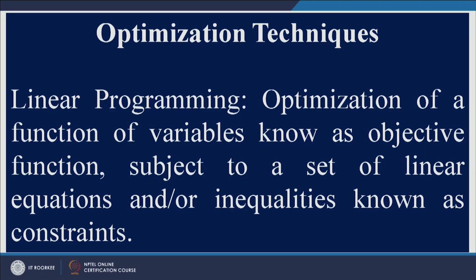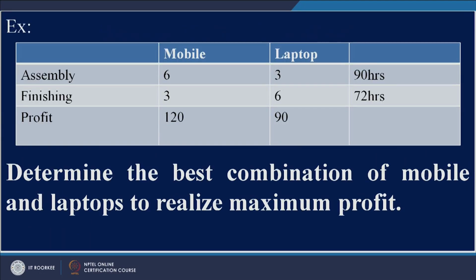I'll take up a very simple example. Let us say your organization is making mobile phones and laptops. The profit you get by selling one mobile phone is 120 rupees, and profit you get by selling one laptop is 90 rupees. And these two products, mobile phones and laptops, they go through these two processes.